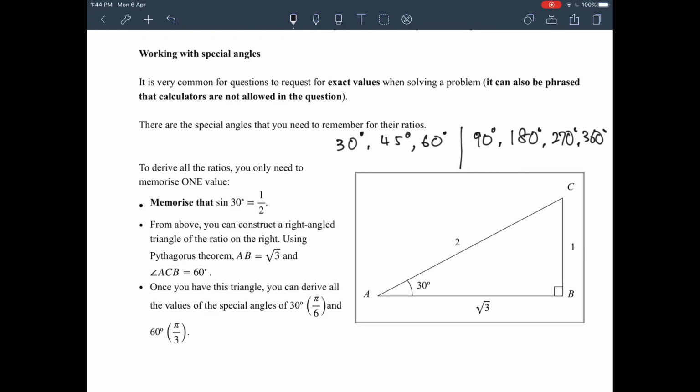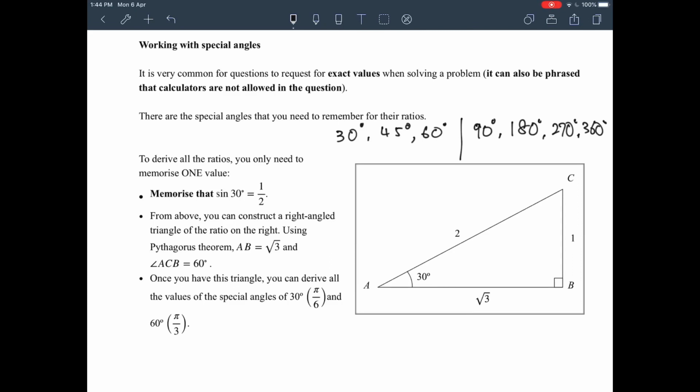Of course, we also want to know how to get the ratios of these angles expressed in radians.